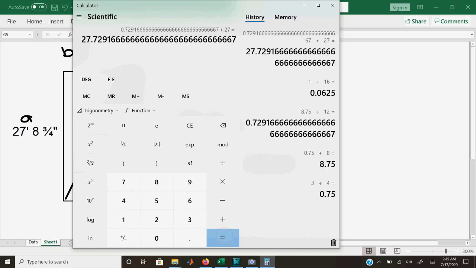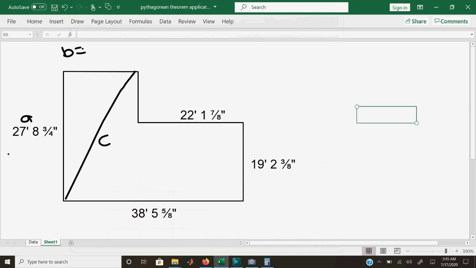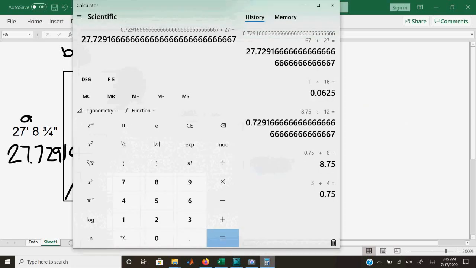Now I've got 27.729167. So I'm rounding off to 6 decimal places. If I look at my 7th decimal place, it's a 6. That's greater than 5. So I round my 6th decimal place up to 7 instead of 6.